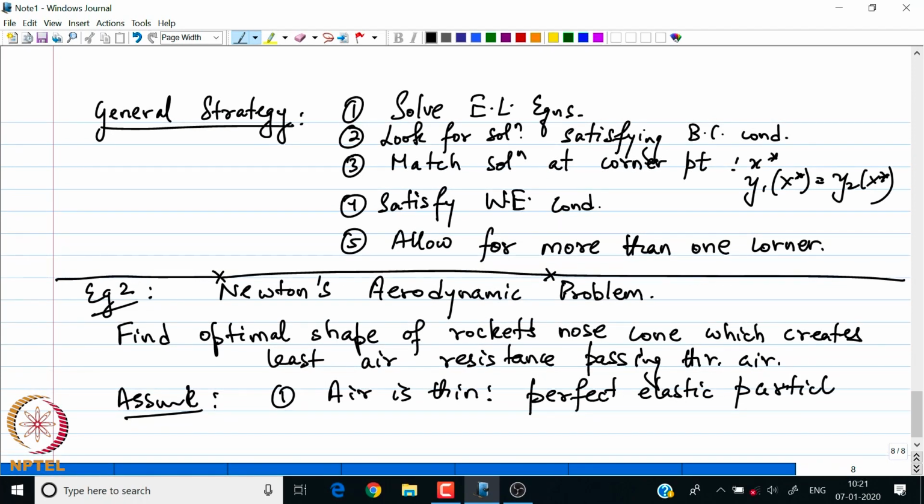Especially when we have the collision of the air particles with the object which is moving through the air, the collision is perfectly elastic. Another assumption is that the air particles bounce off the surface with equal speed.